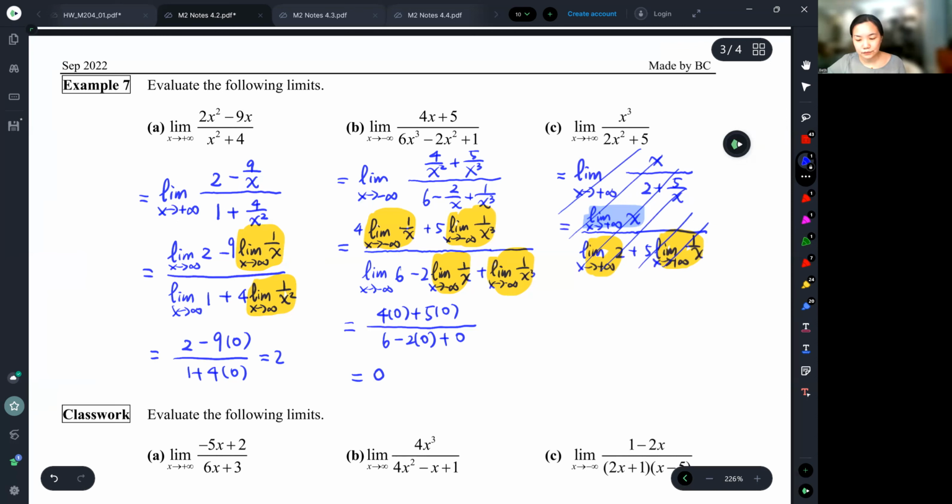Chapter 4. When something like this happens, you can turn to page 18, example 7, part C. If this happens, what do you write?